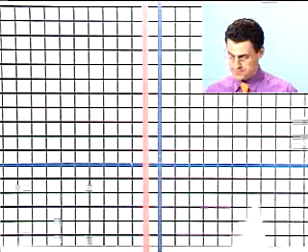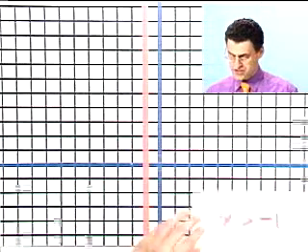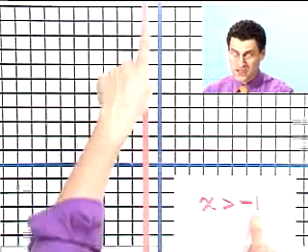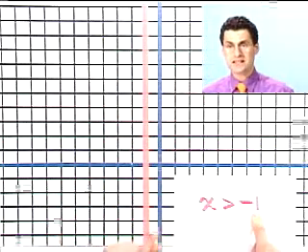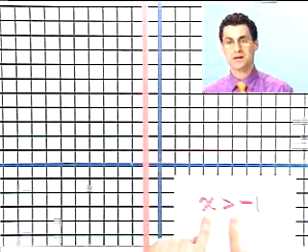So in fact, this is the part of the world I want. But notice something. This is strict inequality. Remember, the previous question was y less than or equal to 3. This one is just x greater than minus 1. So in fact here, I don't actually want to include that line, because that's the line where x equals minus 1, and I'm not allowed to have that. I'm only allowed to have something bigger than minus 1.